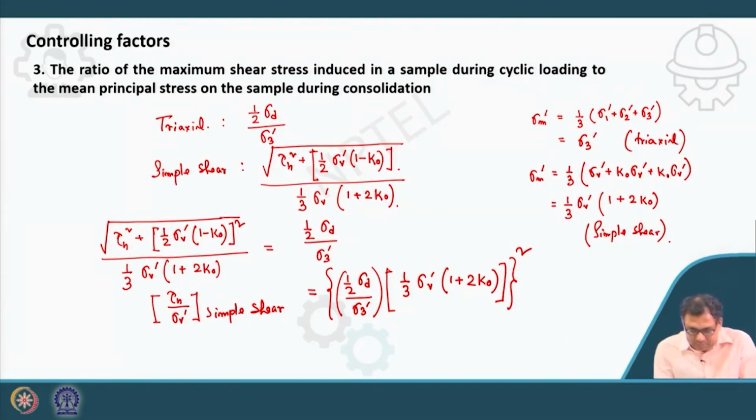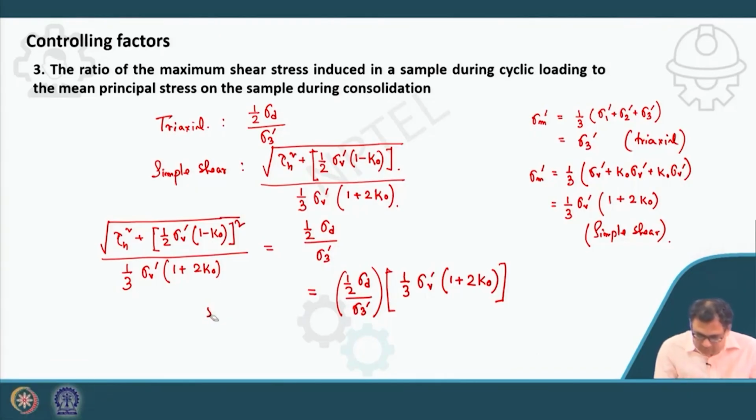Let me simplify it, it will be easier for you to understand. I can write another step: tau h square divided by sigma v dash square.